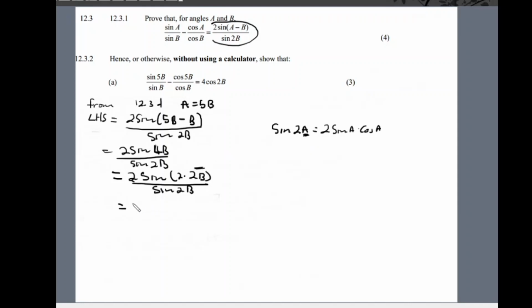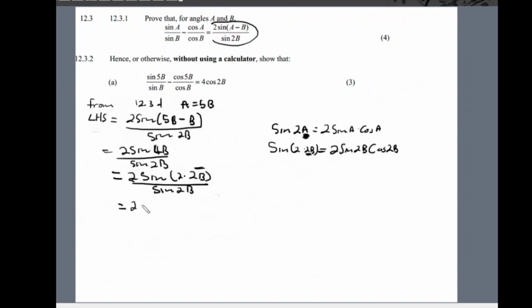So it means we will rewrite the question. In place of A, we have 2B. So this will be equals to 2 sine 2B cos 2B, because in place of A we have 2B.